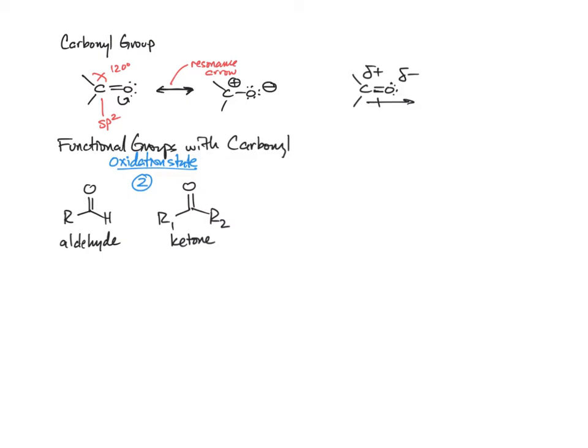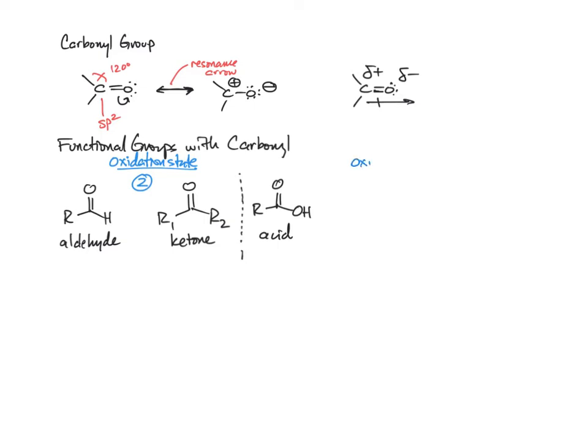So let's draw a line and look at other carbonyl containing functional groups that are at a different oxidation state. These are ones we study in Module 2. So the carboxylic acid, notice now we have 1, 2, 3.